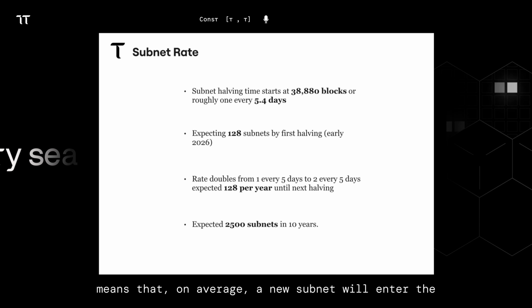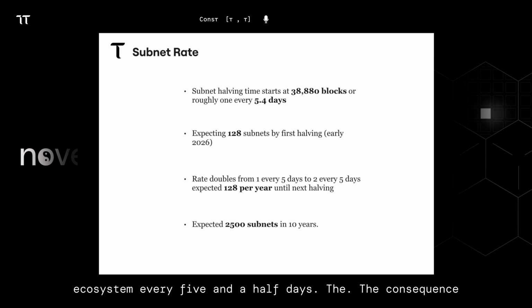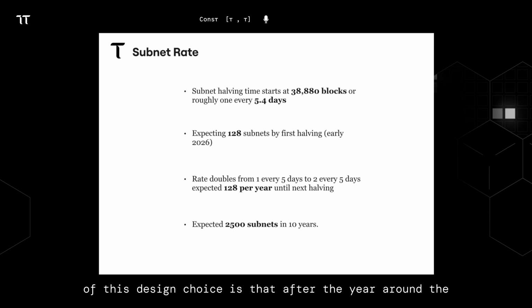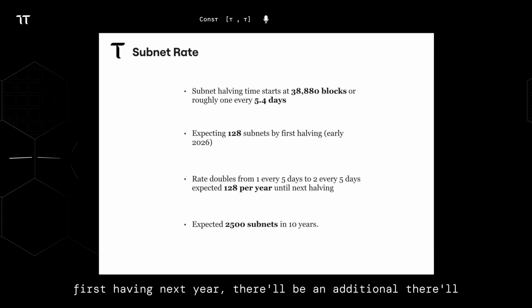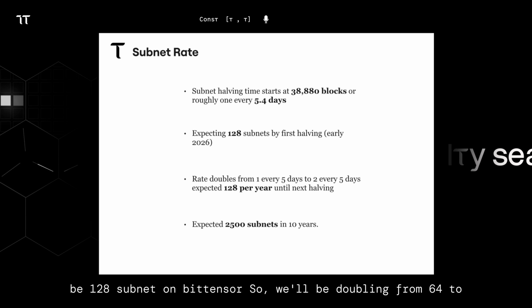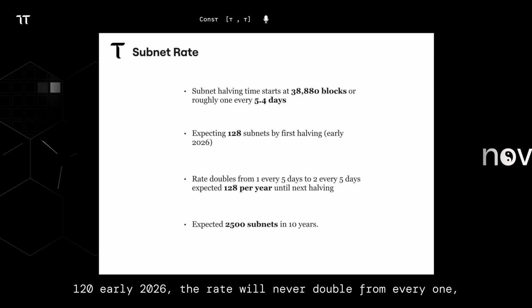So this means that on average, a new subnet will enter the ecosystem every 5.5 days. The consequence of this design choice is that after the year, around the first halving next year, there'll be 128 subnets on Bittensor. So we'll be doubling from 64 to 128 in early 2026.